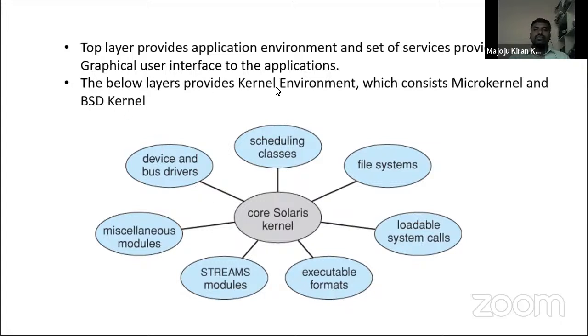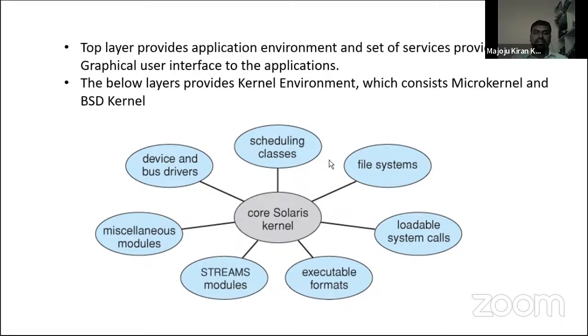The layer below provides the kernel environment, where the kernel is loaded with the basic modules and the dynamic modules. It contains some standard, essential components, and apart from these, dynamic modules can also be added at boot time.